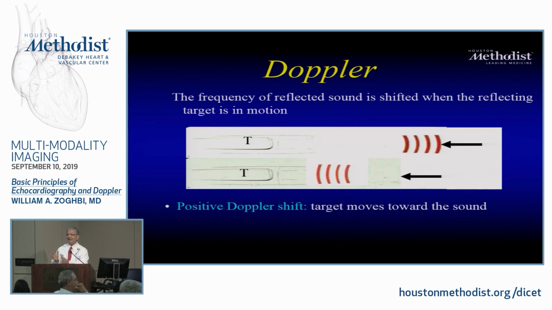So it won't be 3 megahertz anymore. It'll be 3 megahertz either plus or minus. And with most velocities, the frequency shift falls in the audible range. And that's why if you turn on audio for a Doppler, you're going to hear something in the audible range, okay?